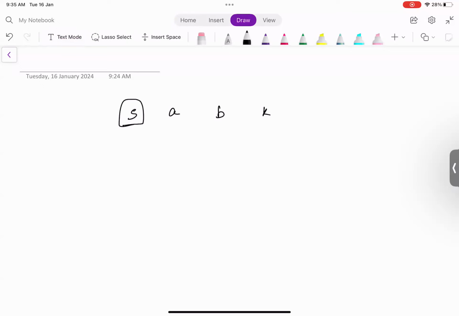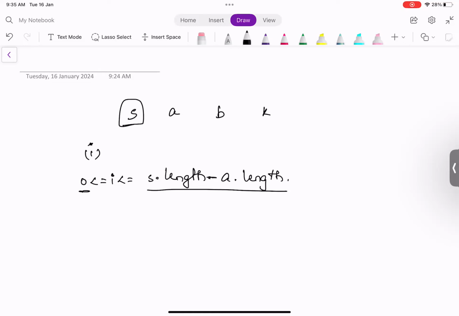A beautiful index i is an index where i ranges from 0 less than or equal to i less than or equal to S.length minus A.length.